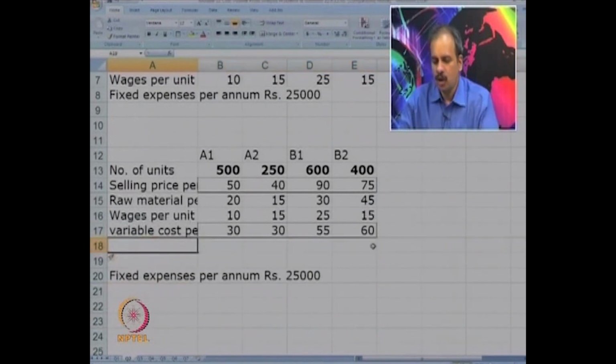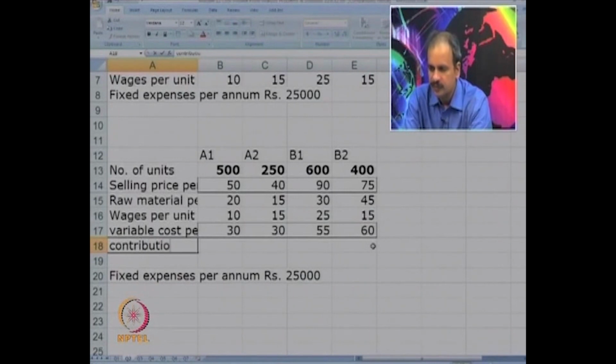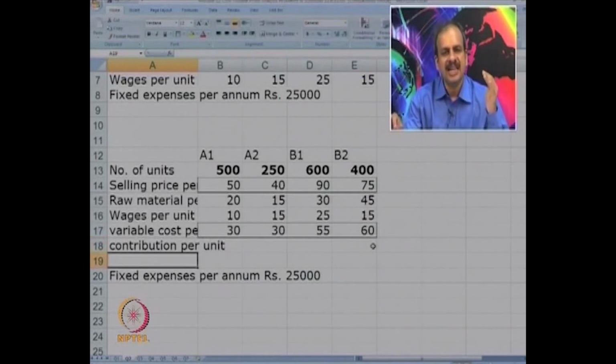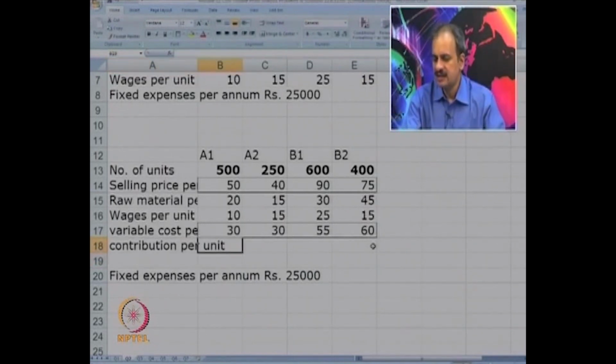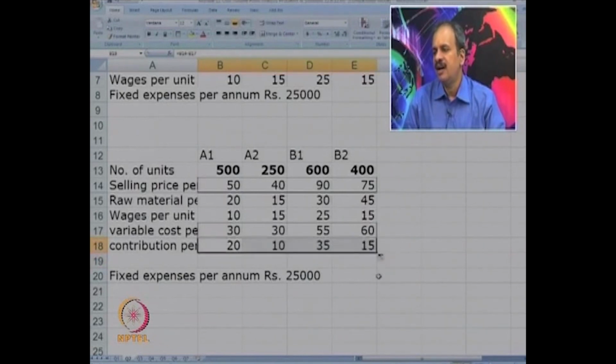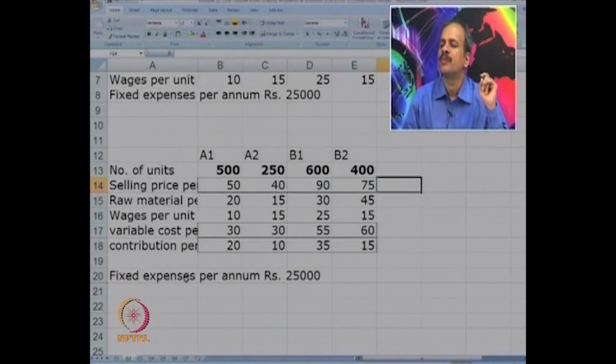You are aware that the contribution margin is nothing but selling price minus variable cost. So it is 50 minus 30, 20 rupees per unit for A1 and 10, 35, 15 respectively for others, that is A2, B1 and B2.